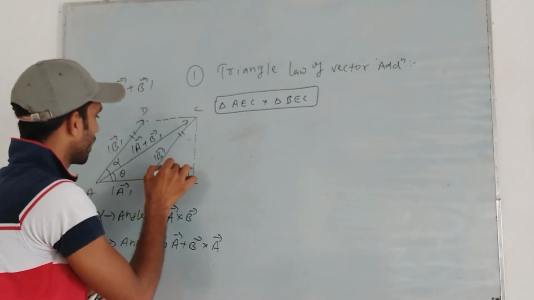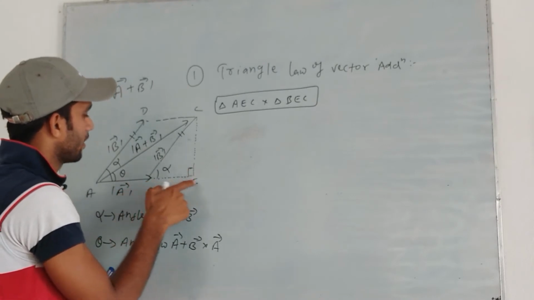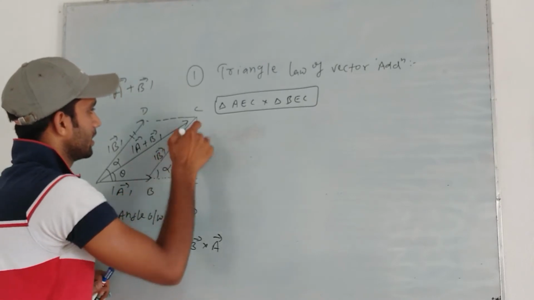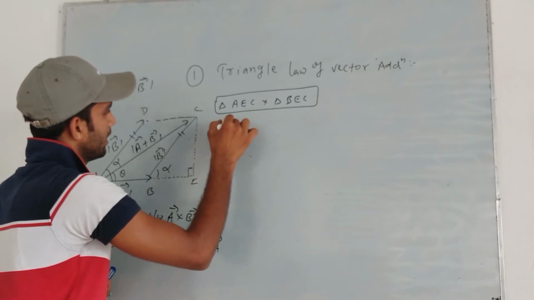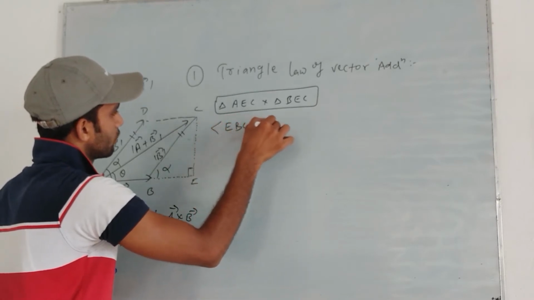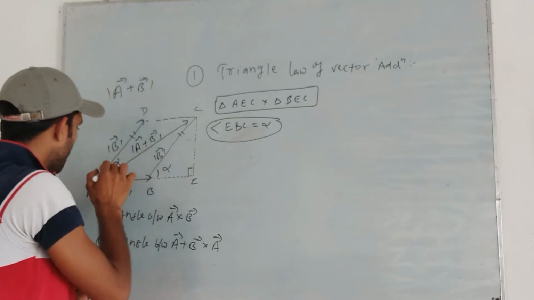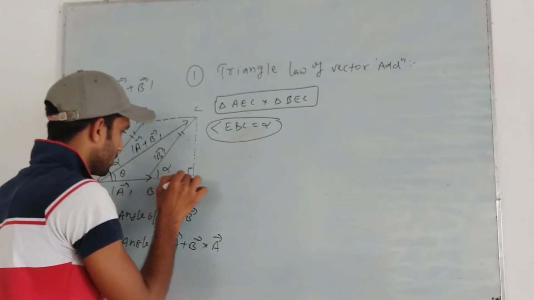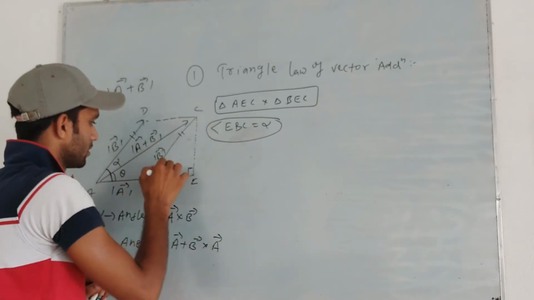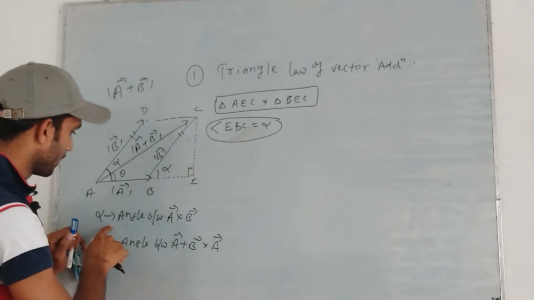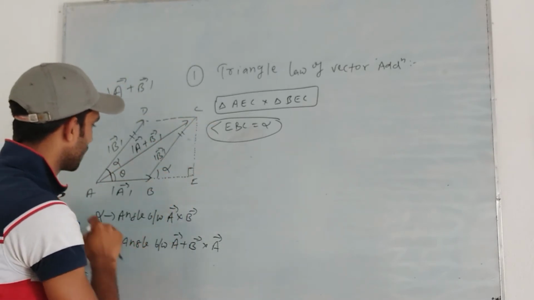So this is your alpha, this is also alpha. Angle EBC is also equal to what? Alpha. Why? Because both are parallel, and this is your alpha, right? So this is your A and this is your B, so this is alpha, right? Because angle between A and B is alpha, right?